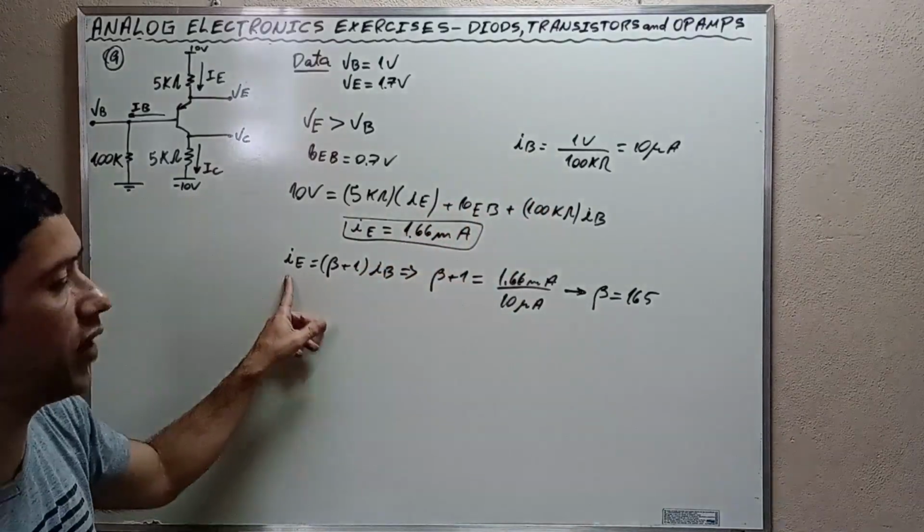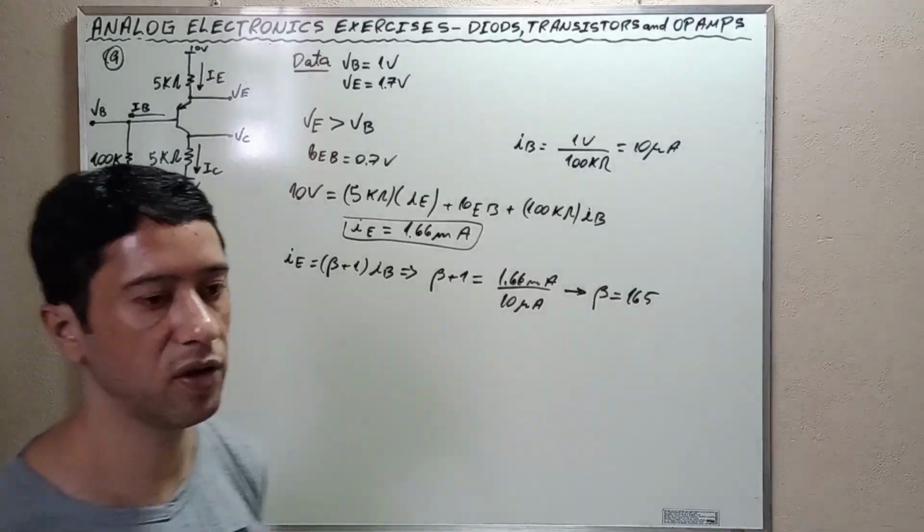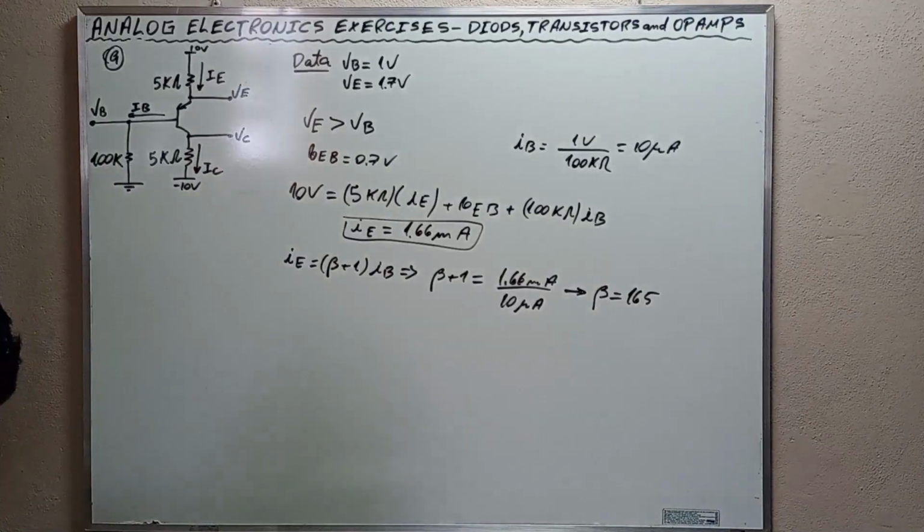With the value of IE and the value of IB we find the value of beta. This is the first conclusion.